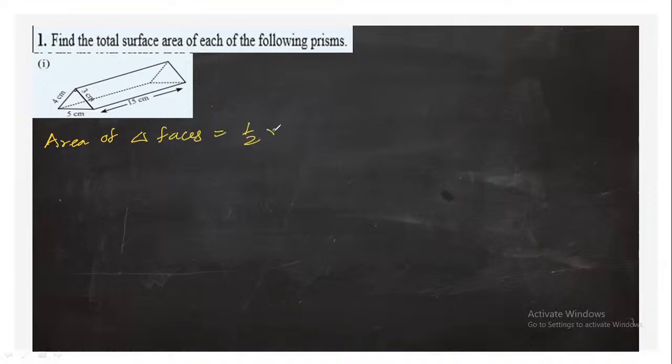Half into base 4, this is the base and this is the perpendicular height, into 3. How many faces? 2 faces. 2 times 3 is 6, 6 times 2, 12 square centimeter.